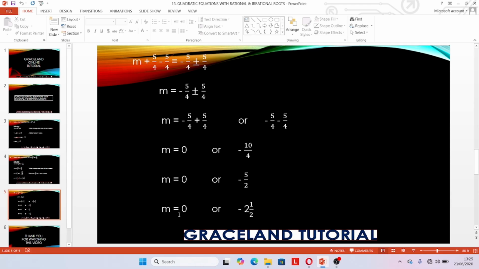Now, let's look at the final answer. m is equal to 0 or −5/2, which as a mixed number is −2½. So our final answer is m = 0 or −2½.